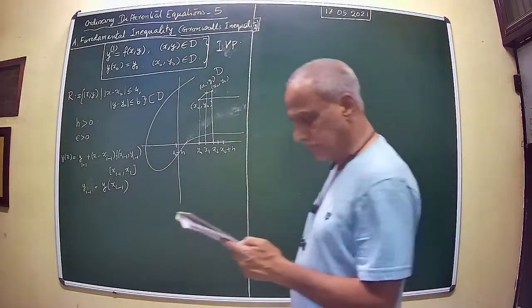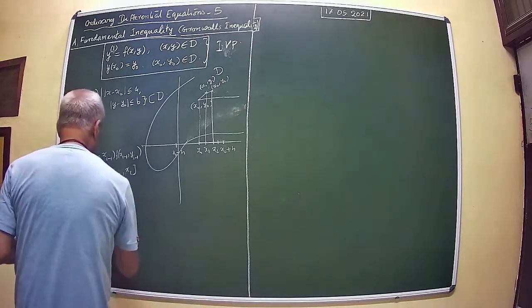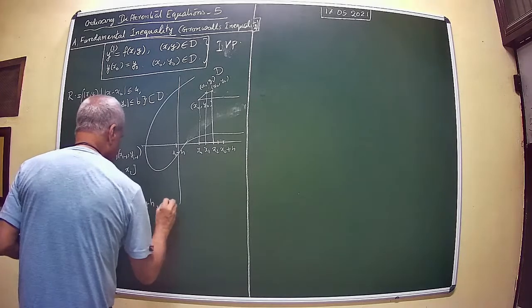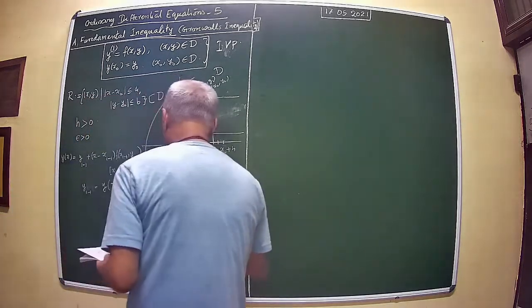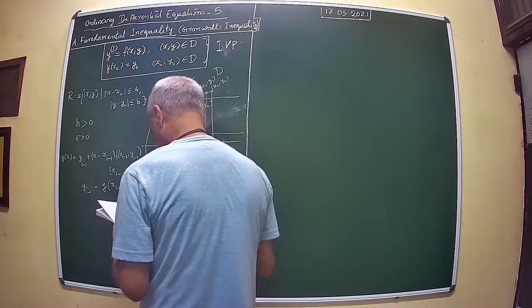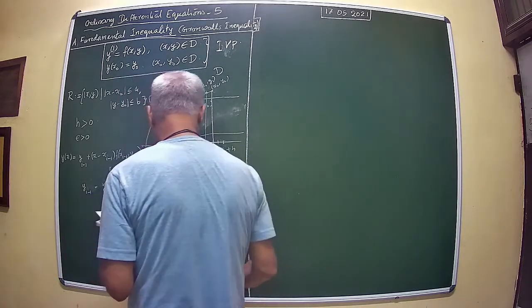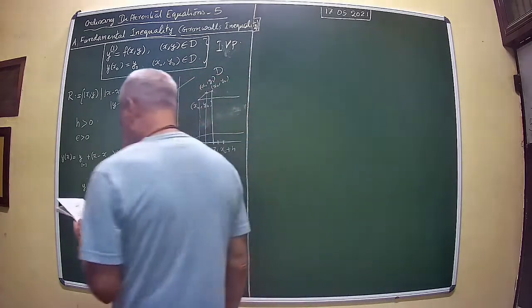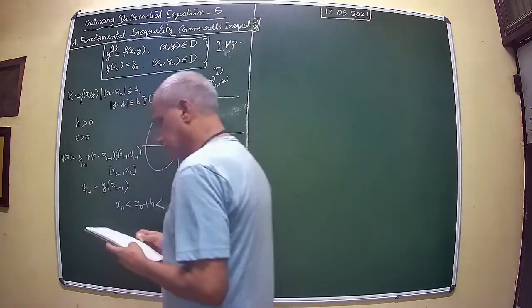So we now define on the interval x naught, on this interval we have constructed the line.